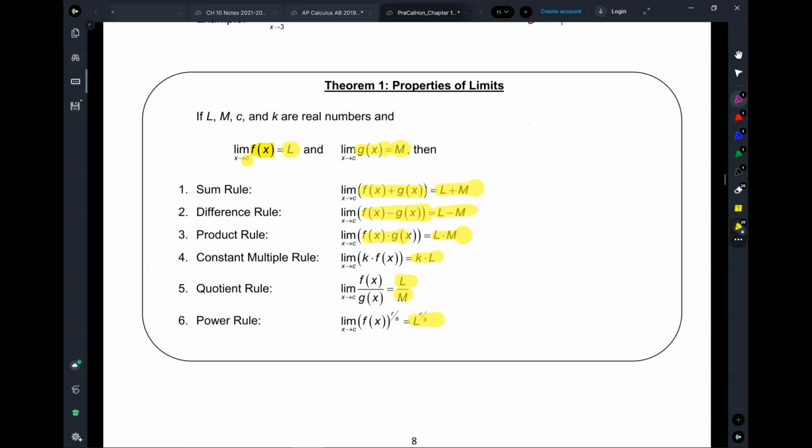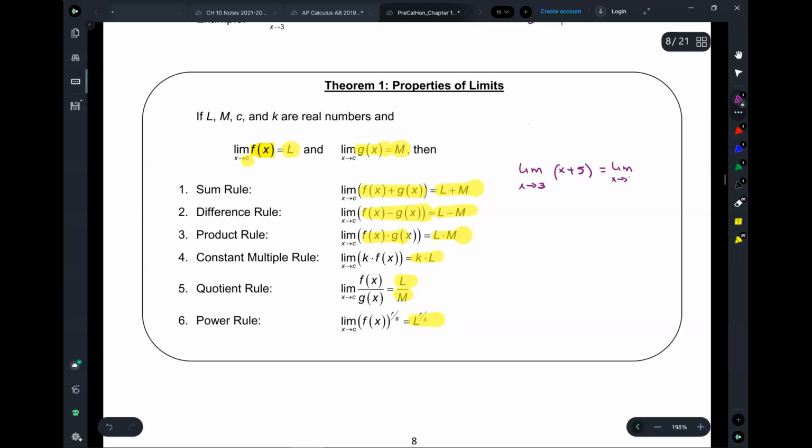So, what do I mean by this? Suppose you have the limit as x approaches 3 of x plus 5. Now I have inside here 2 functions that I'm adding. Y equals x, y equals 5. So what I can do is look at these separately.